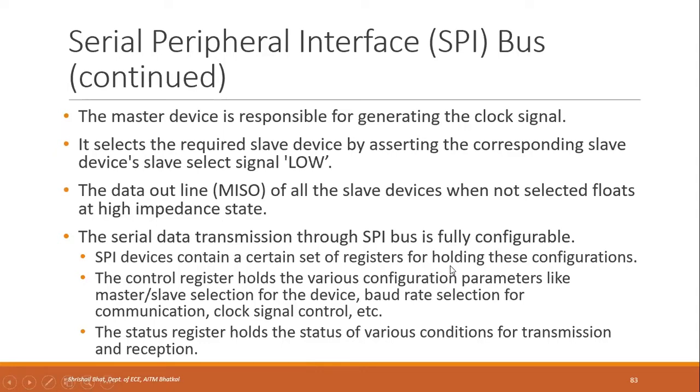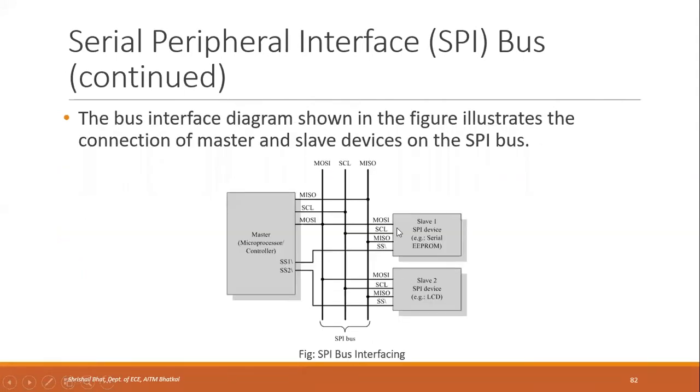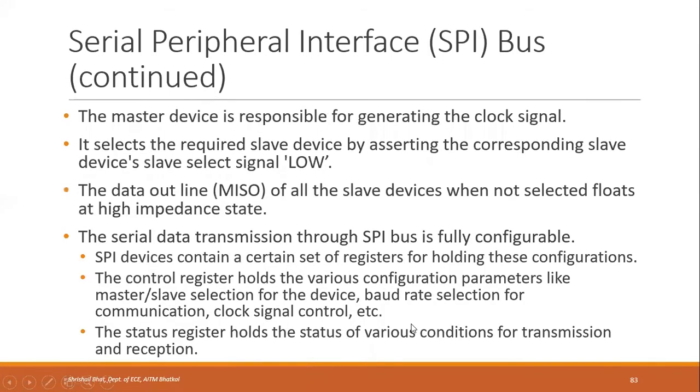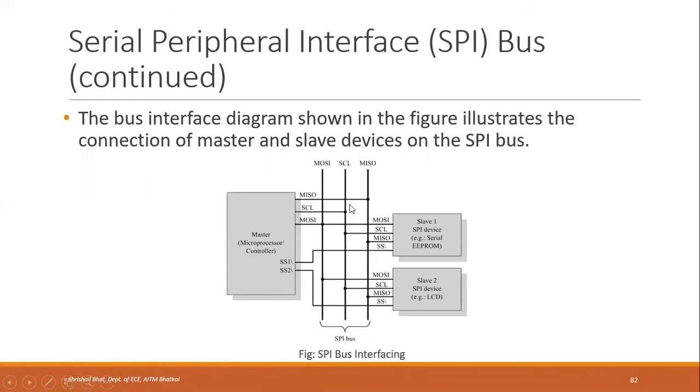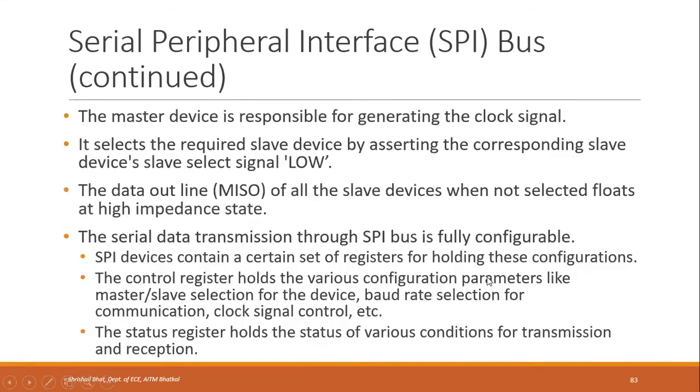It selects the required slave device by asserting the corresponding slave select signal low, because it is active low. One of the devices' slave select lines will be made low, and thereby it will select that particular slave. The data output lines of all the slave devices, when not selected, float at a high impedance state. That is, the MISO pin will be in high impedance when the slave device is not selected.